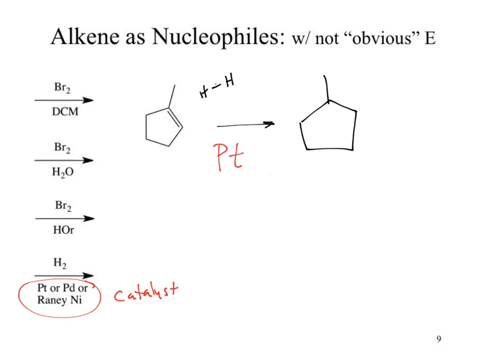The result is that our pi bond becomes coordinated to our platinum surface. And our hydrogen becomes coordinated to the platinum surface. What is that going to do about the dynamics of the reaction?